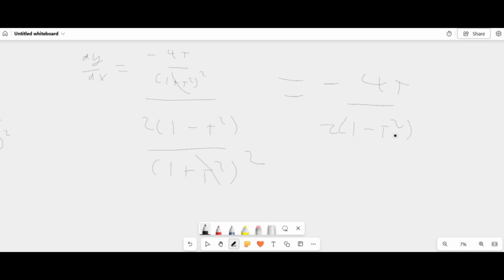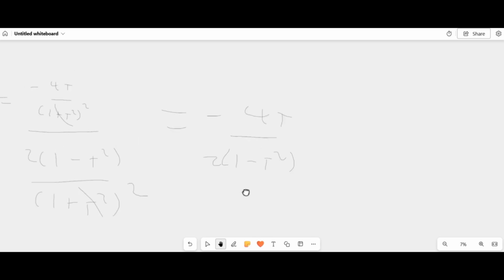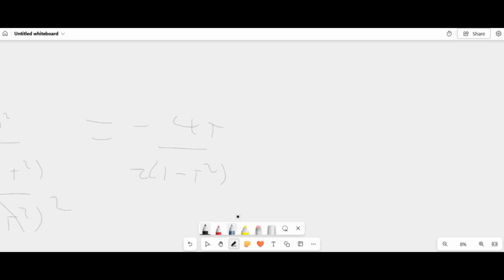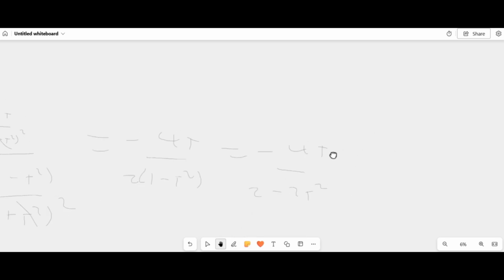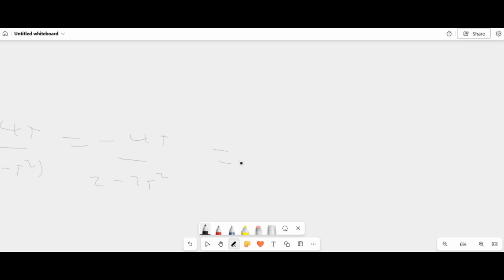And that's equal to negative 4t over 2 minus 2t squared, which I can simplify, and you get negative 2t over 1 minus t squared. I can times in the negative, and this thing swaps around, so this becomes positive here and negative there, so it becomes 2t over t squared minus 1 here.